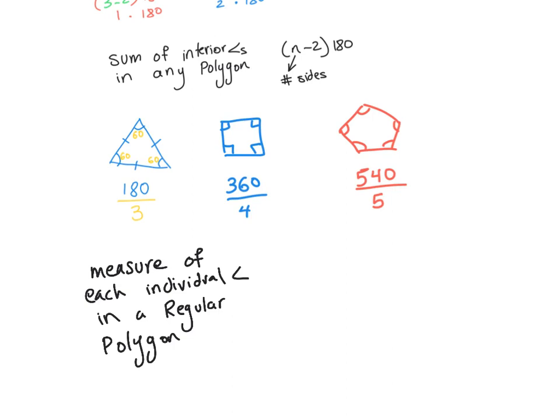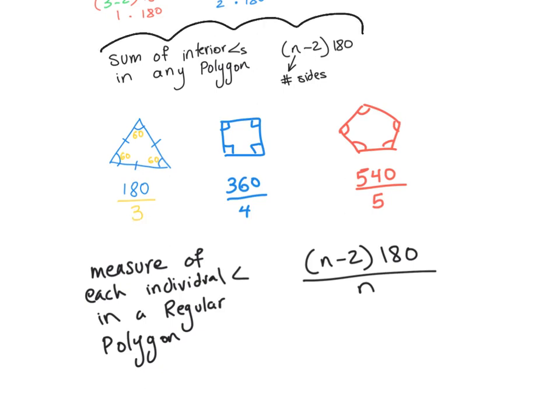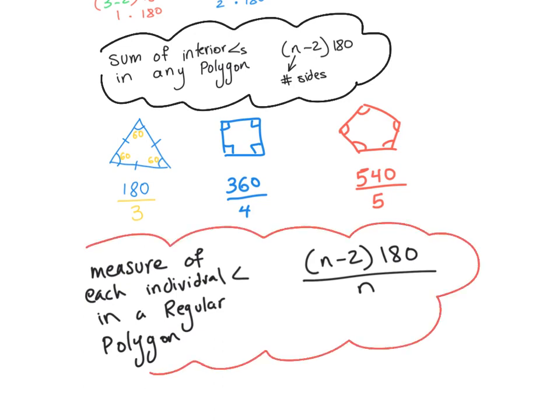Then I take the sum of the interior angles, which the general rule is n minus 2 times 180, and I have to divide it by the number of sides, which is n. So it's always the sum of the interior angles divided by the number of sides. So that's going to be the first rule to find the sum of the interior angles in any polygon, and that's the second rule to find the measure of each individual angle in a regular polygon.